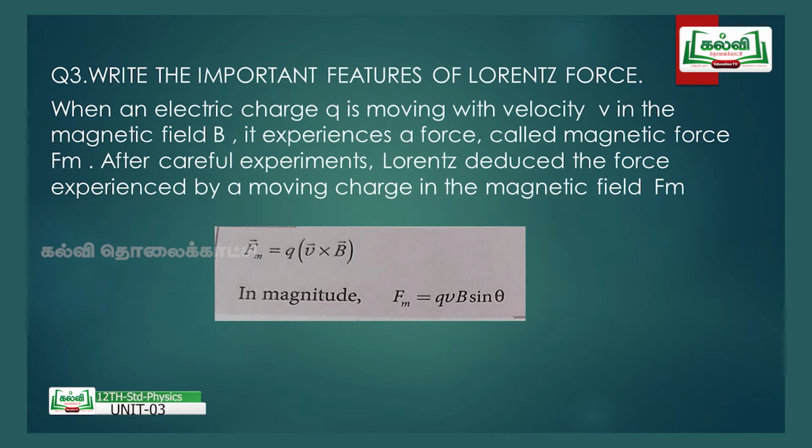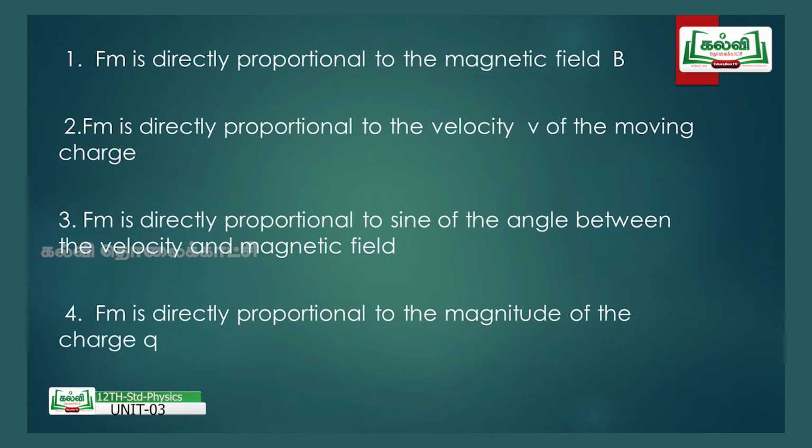Remembering this expression, we can write the features of the Lorentz force. From the expression itself you can write all the points. First, Fm is directly proportional to the magnetic field. Then it is directly proportional to the velocity v of the moving charge.